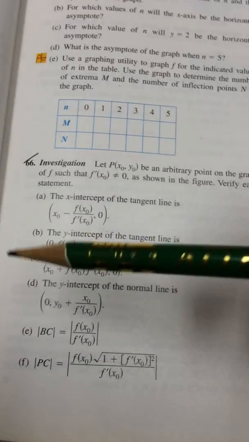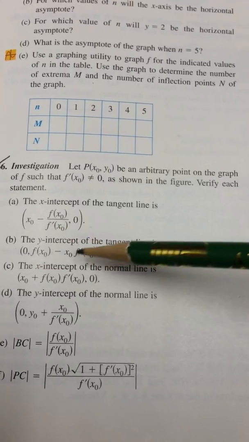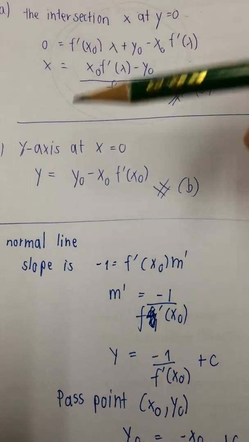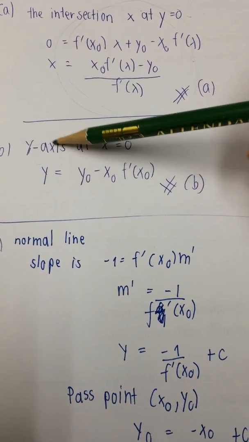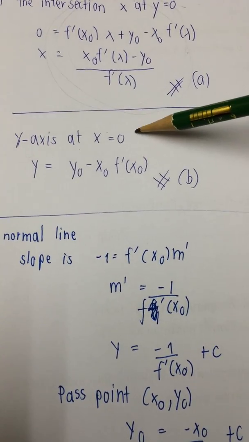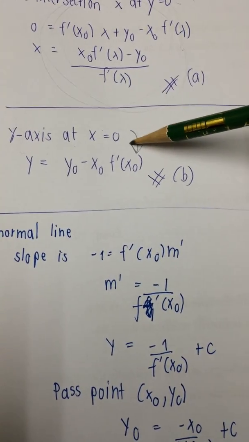Now, let's consider question B. The y-intercept of the tangent line. We need to look at the y-axis at x equal to 0. And that's how I come up with this equation, right?